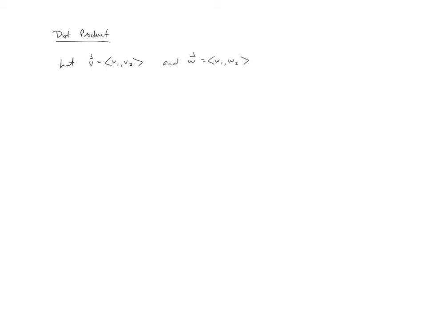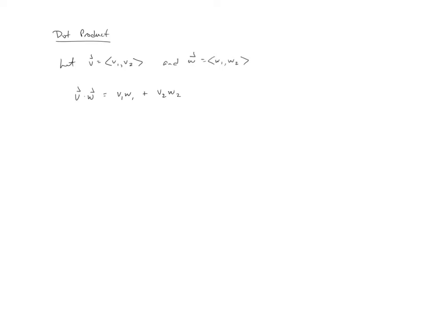We'll say that if we want to dot v and w, so v dot w, we take the first component of v and multiply it with the first component of w, so v1 w1, and then plus, we do the same thing for the second components, v2 times w2.